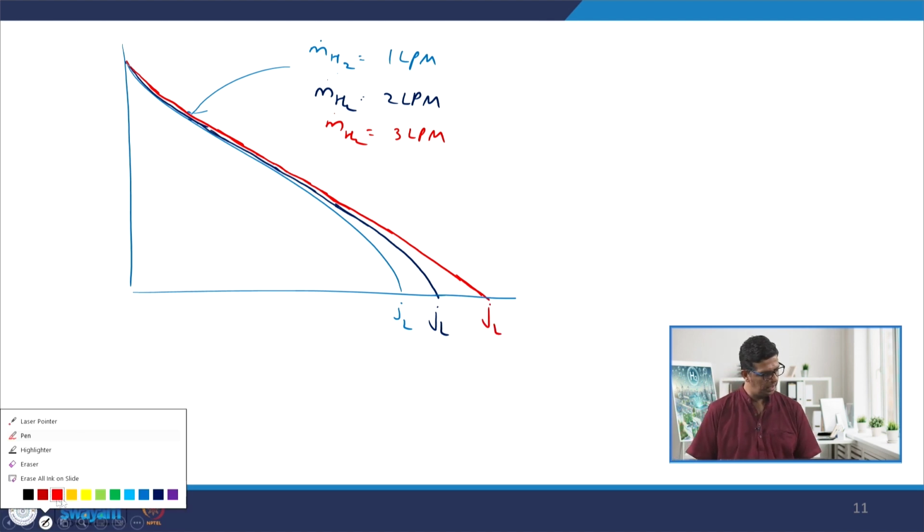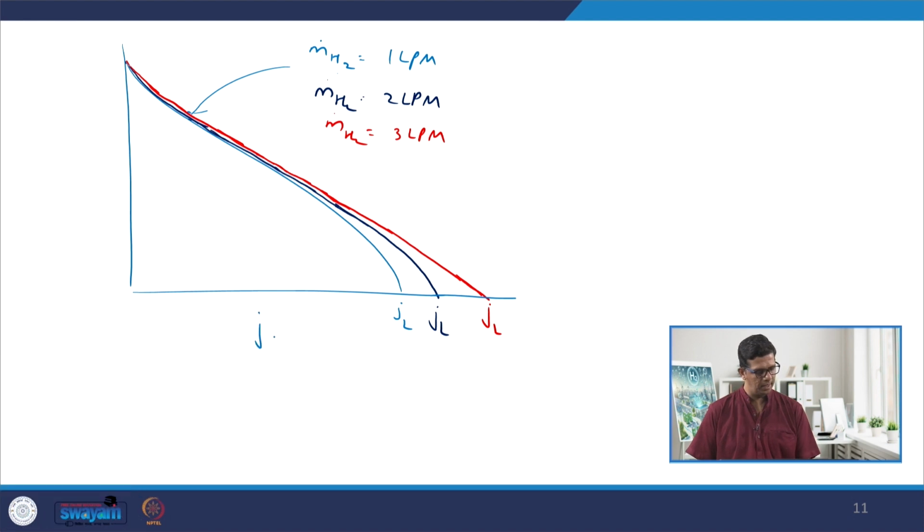So, what does it imply? It implies that no matter how high we make the flow rate of reactant species, that is hydrogen or oxygen, we cannot draw an infinite amount of current. The primary reason is that the current we are drawing from the cell is limited by the inherent resistances of individual materials.